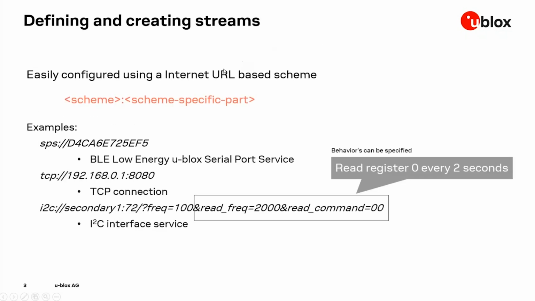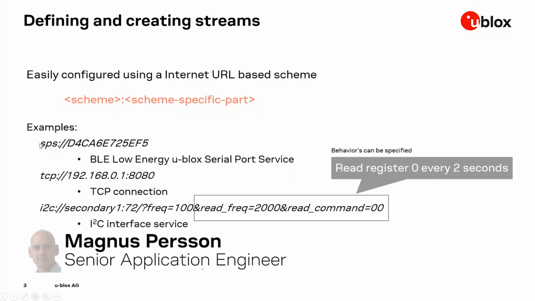A stream is defined using a URL-based scheme. So basically you state the scheme and then a scheme-specific part that's normally some kind of address. For example, for the Bluetooth Low Energy serial port service, we have the scheme SPS, and then an address, which is a Bluetooth MAC address.